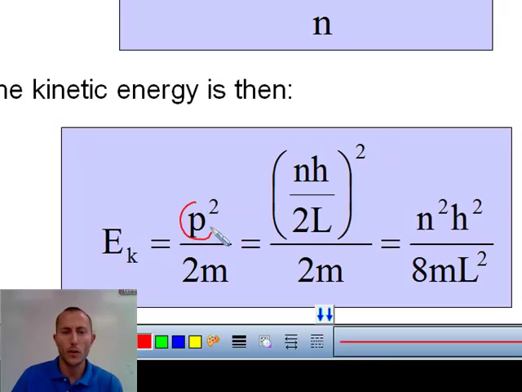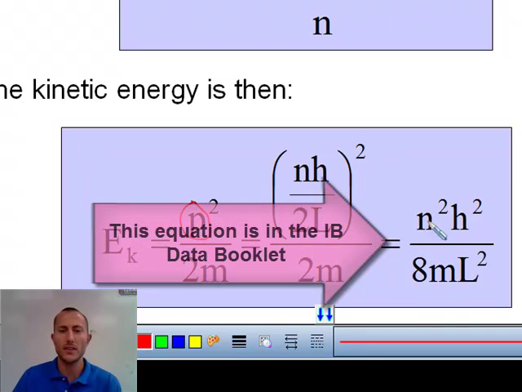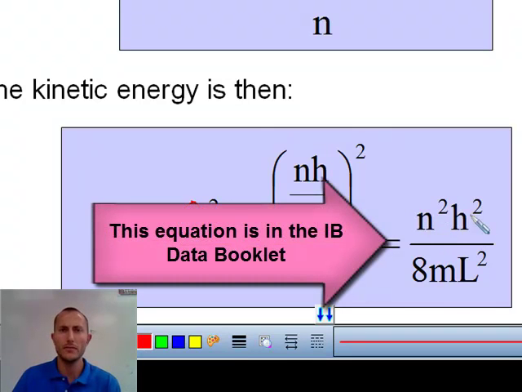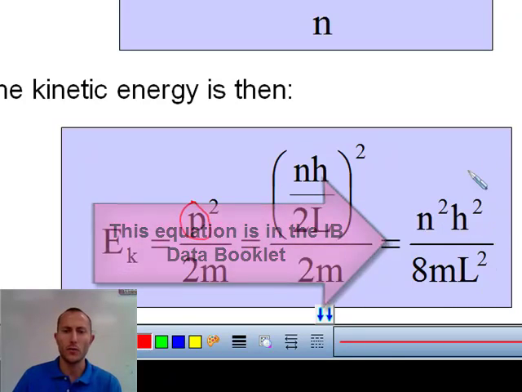But we're going to substitute in momentum for the equation that we just derived, hn over 2L, and so we plug that in here, we distribute through, and we get an equation for the kinetic energy that is equal to n squared times Planck's constant squared divided by 8mL squared.